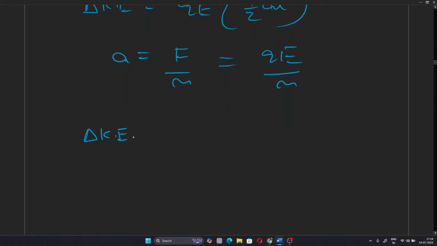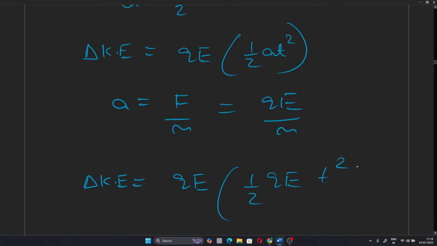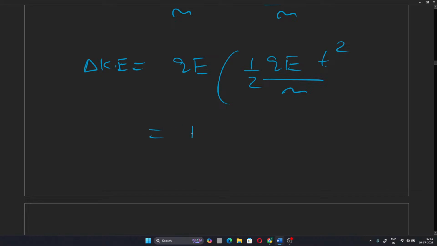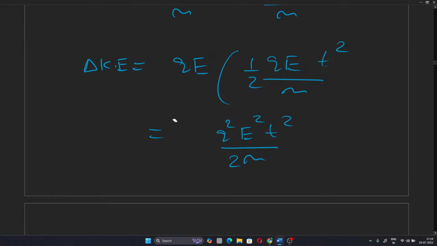Kinetic energy equals QE times half QE t square by m. So it is equal to half q square e square t square by m, or we can write it as q square e square t square by 2m.